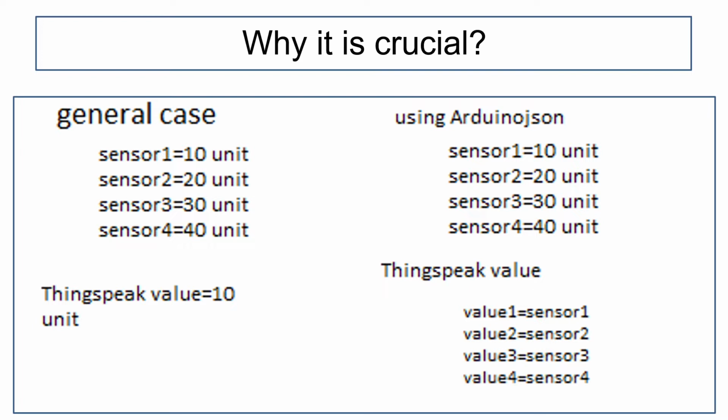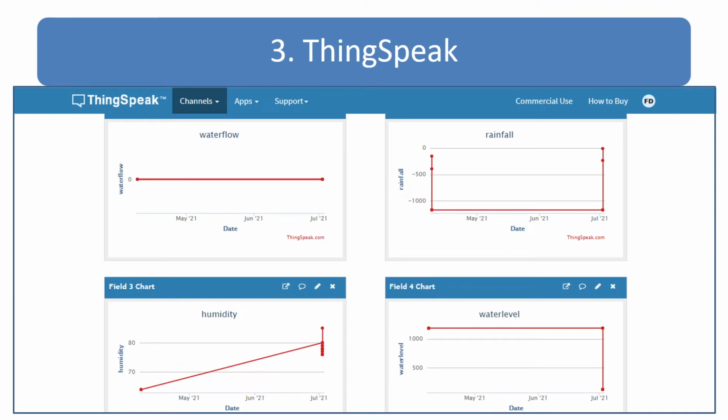Then ArduinoJson would break 1234 into individual digits and assign them to B, C, D, E. So B will now have a value of 1, C will have a value of 2, D will have a value of 3 and E will have a value of 4. This is the visual representation of the ThingSpeak platform showing different sensor data in graphical form.